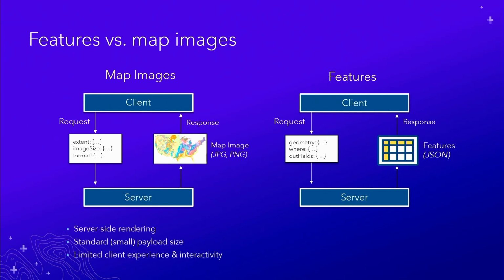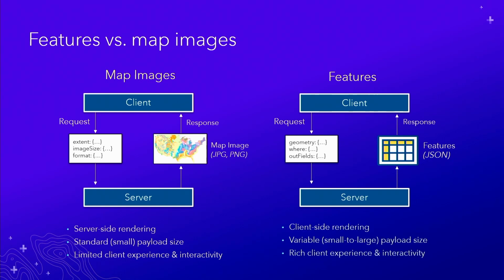So at the end of the day, that means that map images are rendered server-side and they're fairly small. You get a PNG or a JPEG back that's at most on the order of tens of kilobytes. But the trade-off here is you have limited client experience and interactivity because the client doesn't actually know what's there.